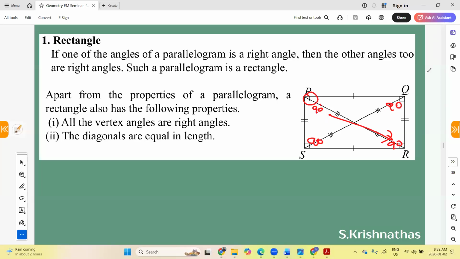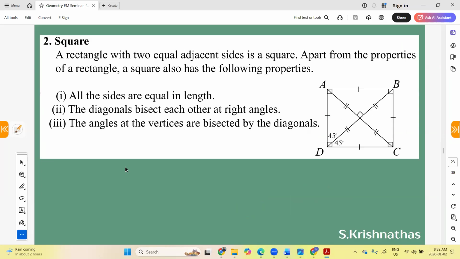What are the special features of a rectangle? All the vertex angles are right angles, 90, 90, 90. All the diagonal lengths are equal: SQ equals PR. Very important thing. You can apply it in the theorems. Next, square. Under which condition does a parallelogram become a square?